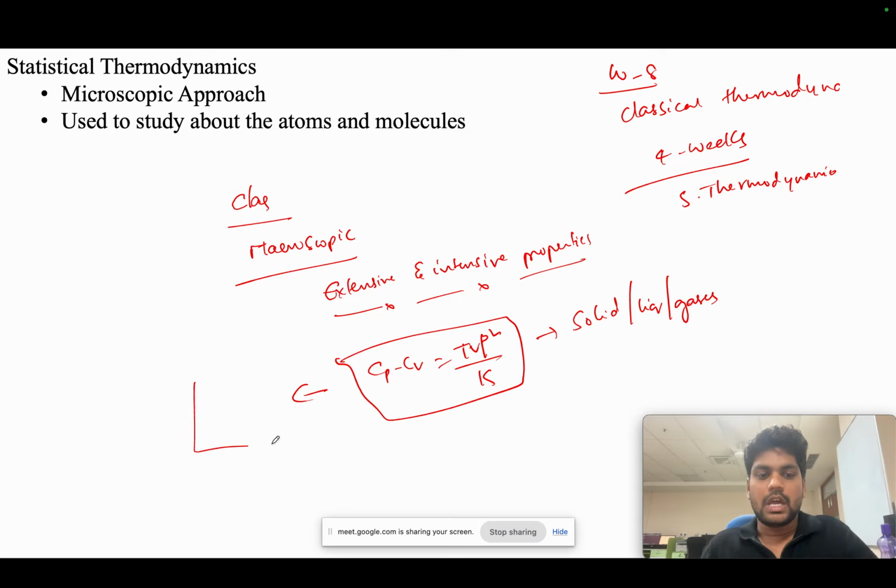Say we have an isolated system with a certain volume, pressure and number of molecules.